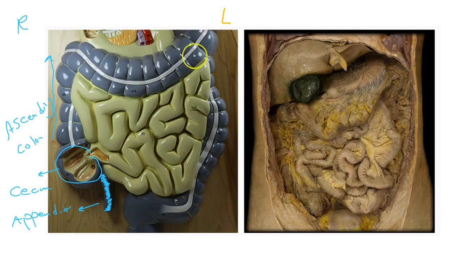We call this region of the colon transverse colon, as it goes transversely from right to the left. So transverse colon. And then here we have this part of the large intestine. It goes down, which is called descending colon.